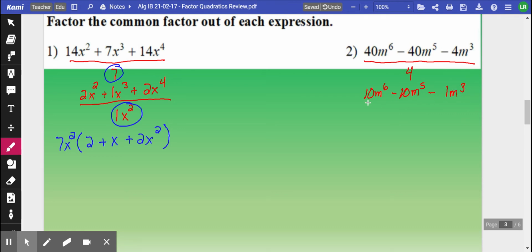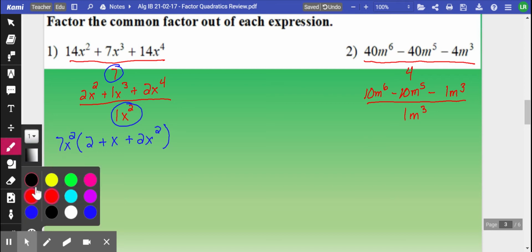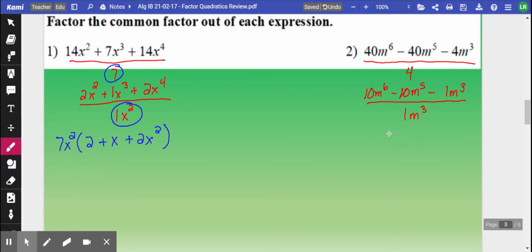Smallest number is 1. So when it's 1, it's done. Now I'm looking at my letters, and I'm looking for the smallest exponent, and that would be an exponent of 3. So I'm going to divide that out. Now when I divide that exponent of 3 out, I'm going to take 3 of those away. So that's going to leave me with 10m to the 3rd.